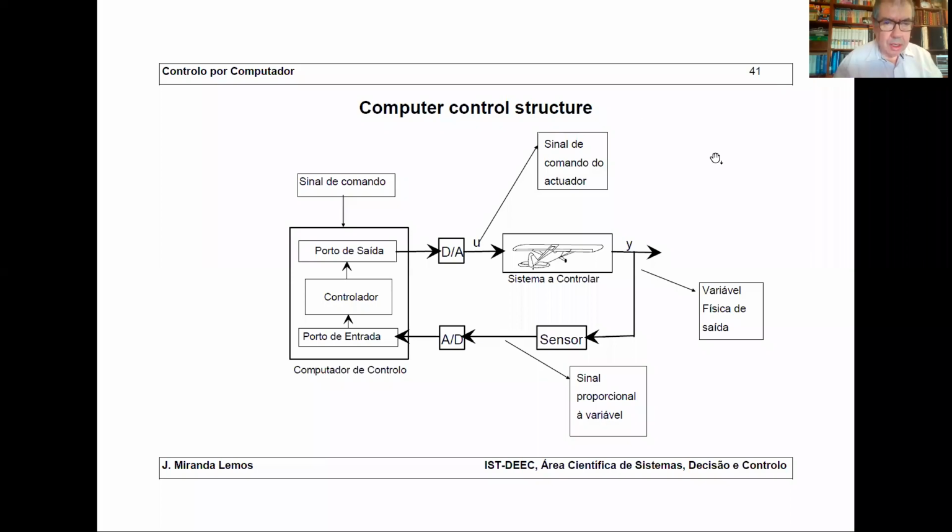So, good morning. This is a lecture on computer control. If you remember, last week I presented a very simple example, yet quite realistic because it was motivated by a situation corresponding to an actual moving robot.